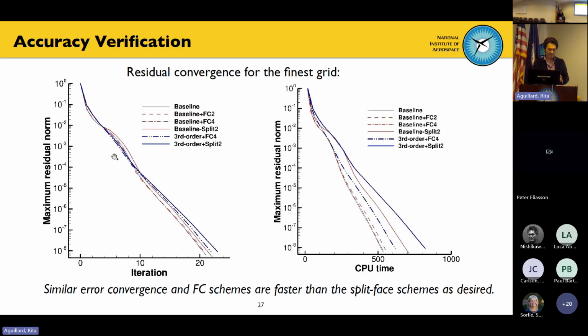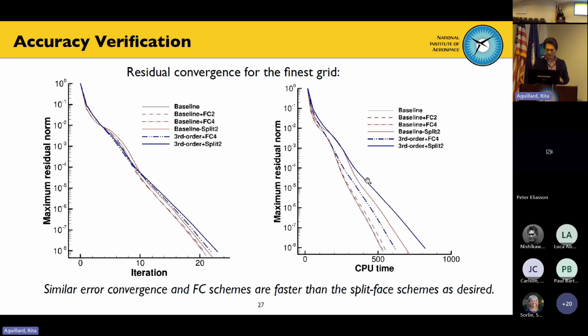When we look at the iterative convergence, the residual versus iteration, there's not much difference. Third order scheme, it takes, I don't know, maybe 5 or 6 extra iterations to bring the residual down 8 orders of magnitude here. But if I plot this residual versus CPU time, the actual computing time, now we see the difference.